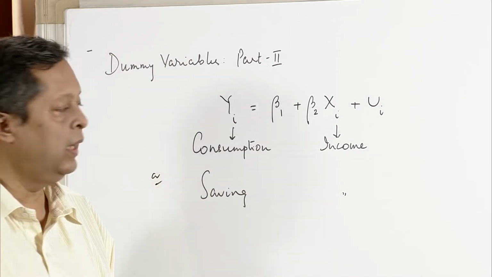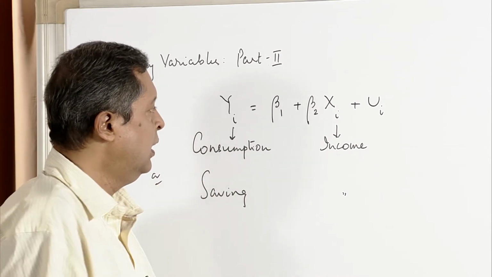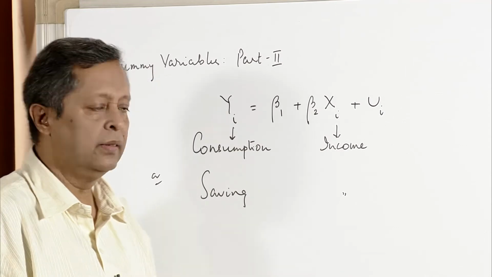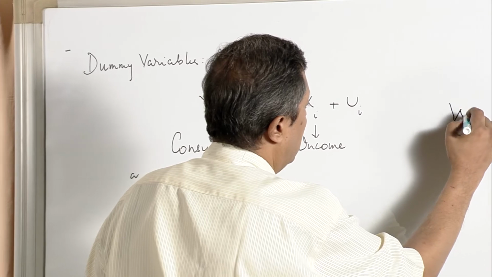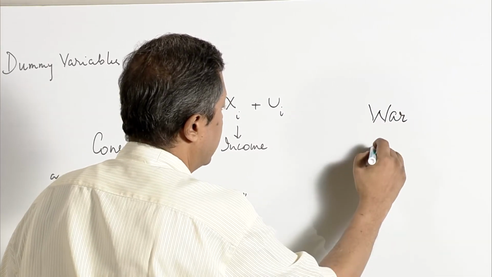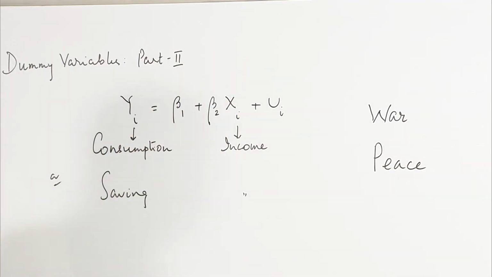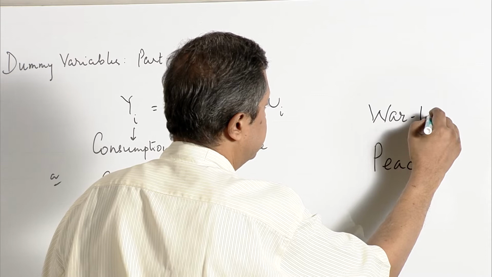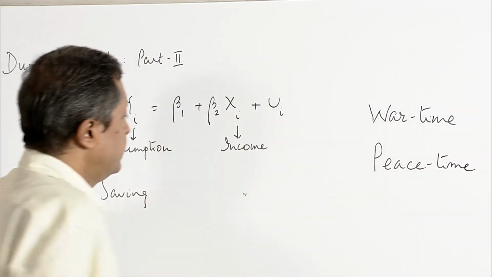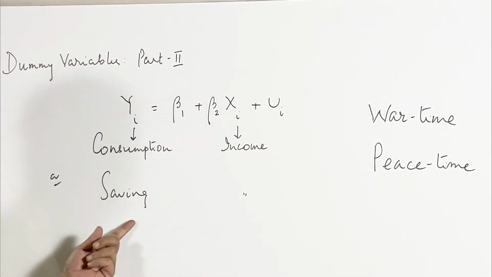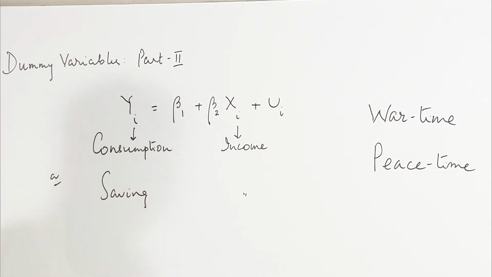So, we are trying to see the relation between income and saving or income and consumption. Now, this relation may be affected by war. So, there are two possibilities, one is peacetime, the second is wartime. Accordingly, the relationship between income and saving, or consumption and income, might get affected.